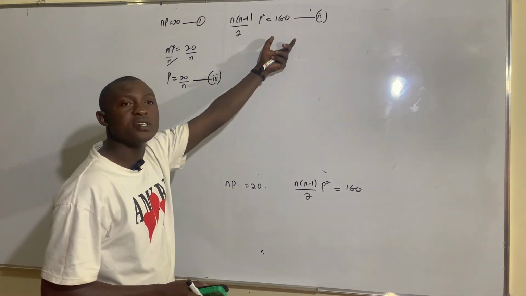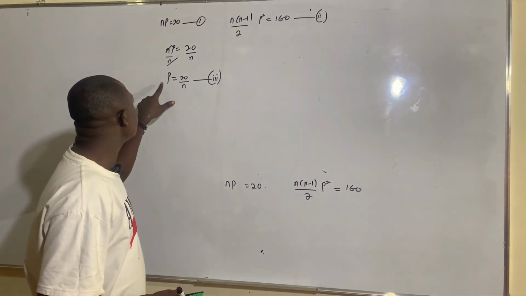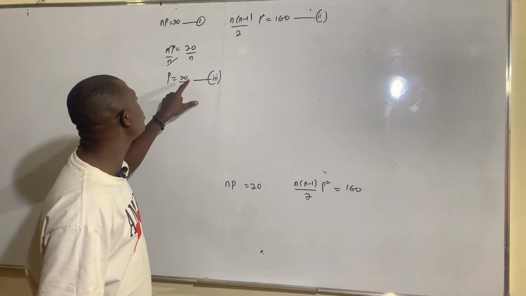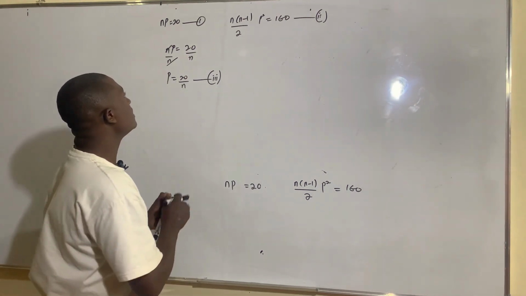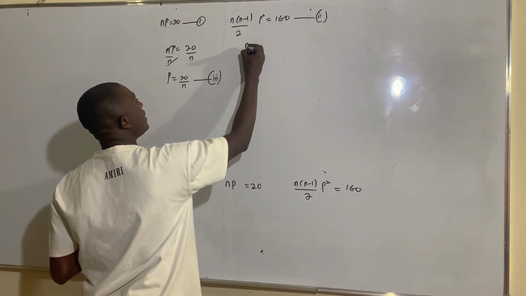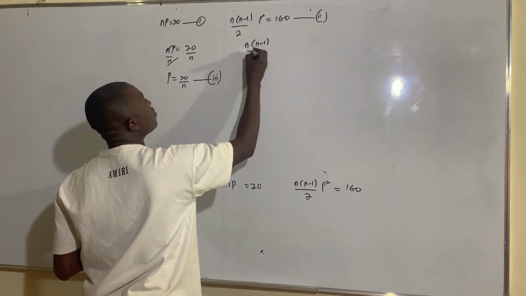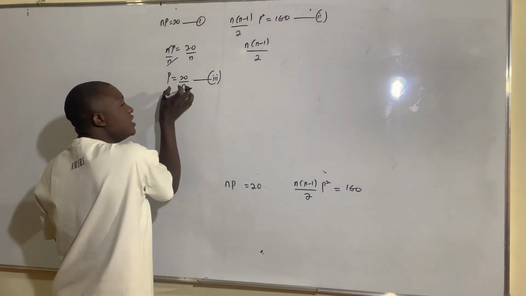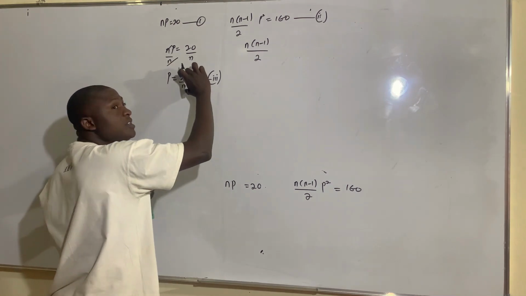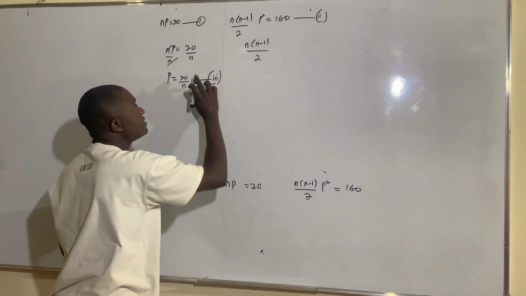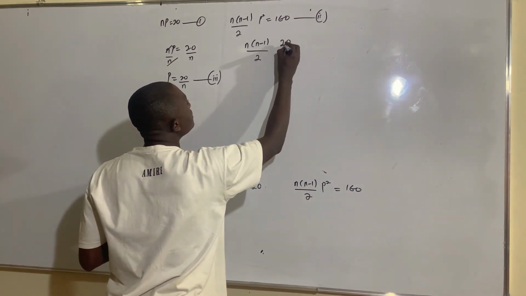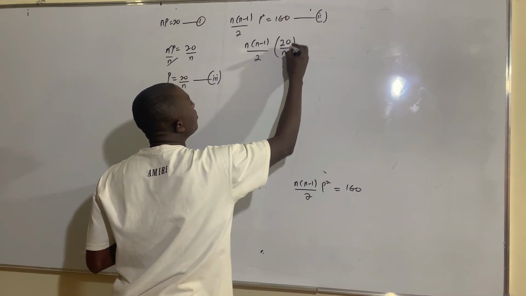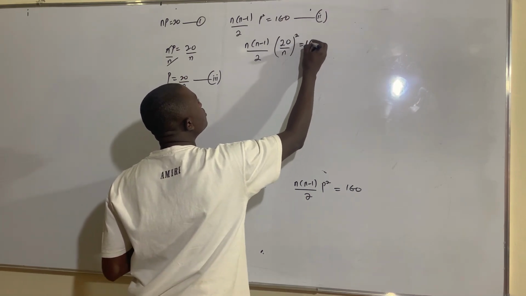That means whenever I see p now, the value of p is 20 over n. So if I look at equation 2, whenever I see p, the value of p is going to be 20 over n. So here we have n minus 1 all over 2, and instead of writing p, my p is what now? Yes, exactly. What I have is 20 over n all squared equals 160.